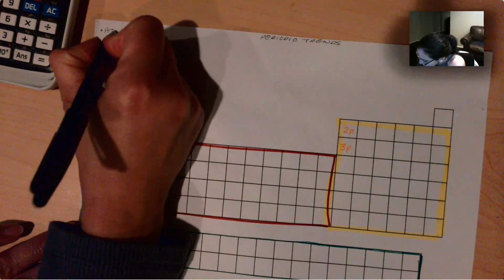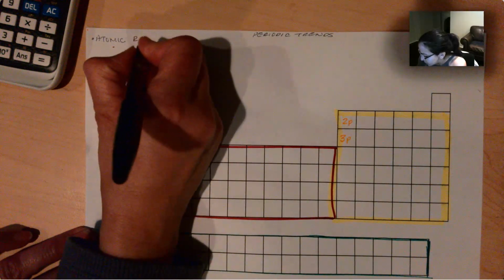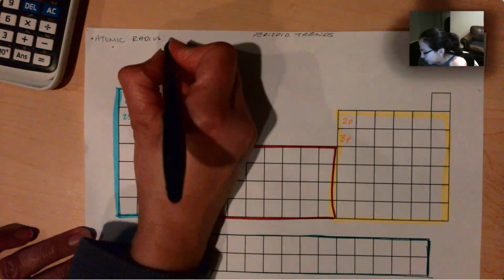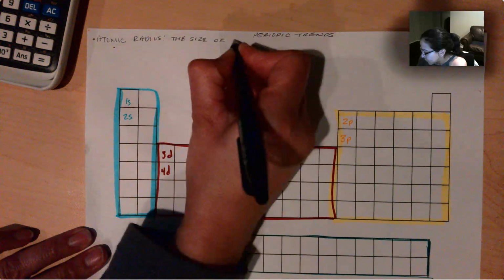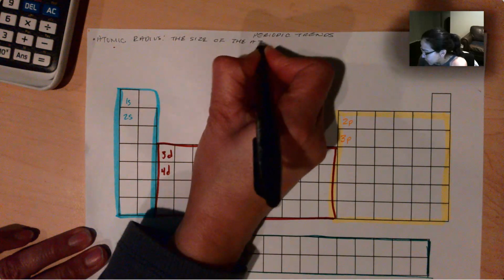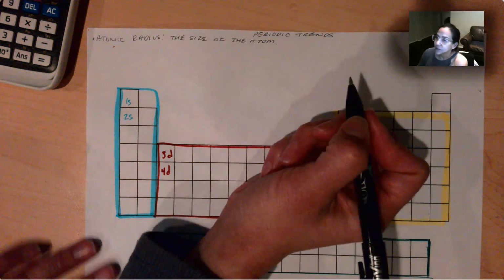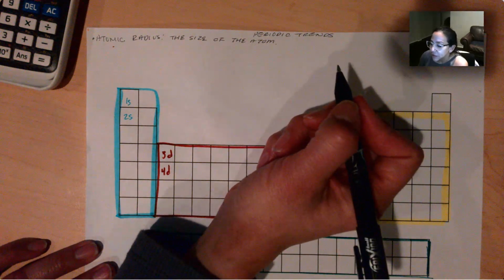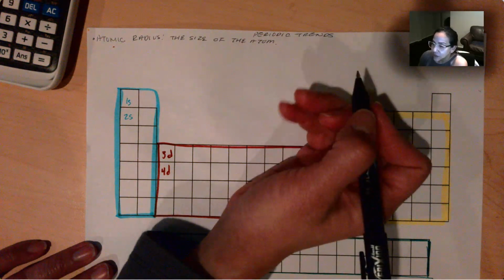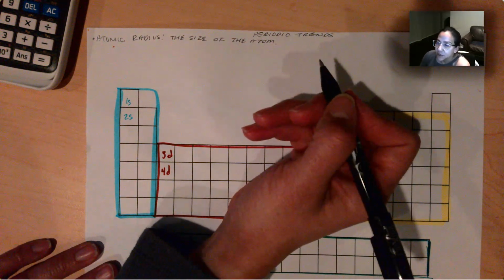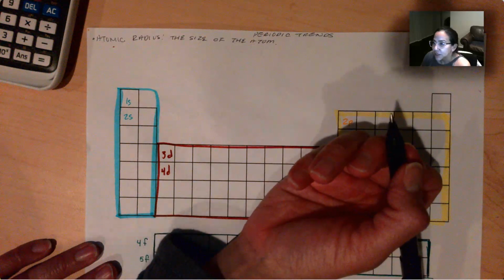Atomic radius refers to the size of the atom, and it's measured from the nucleus, so basically the center of the atom, to the edge of one of the atoms. You just measure its radius, and you take the radius squared.